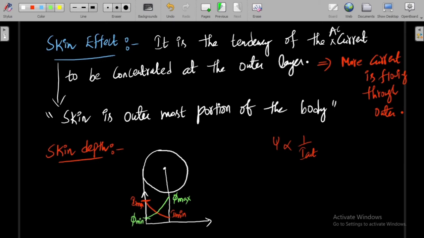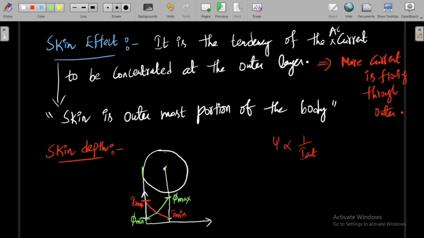So at the outer layers, the flux linkages will be minimum, hence the current will be more. At the inner layers, the flux linkages will be maximum and the current will be lesser, right? So this is the variation of current and flux linkages from the surface of the conductor to the center.